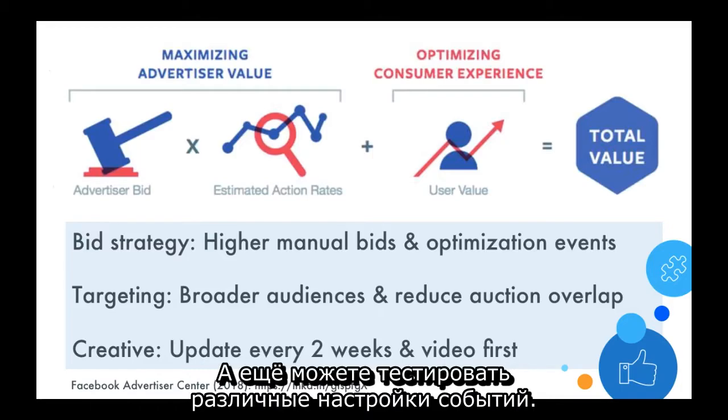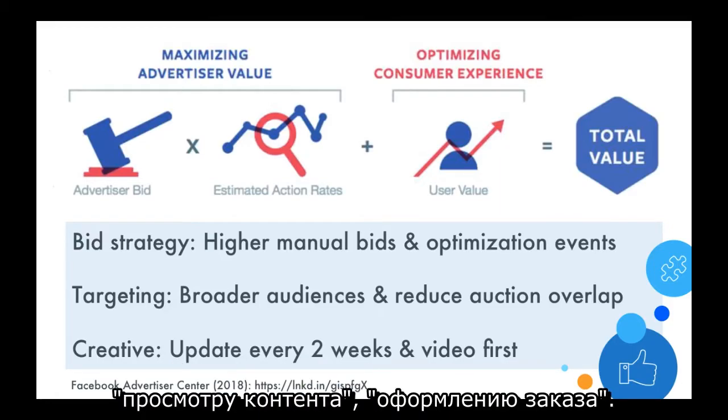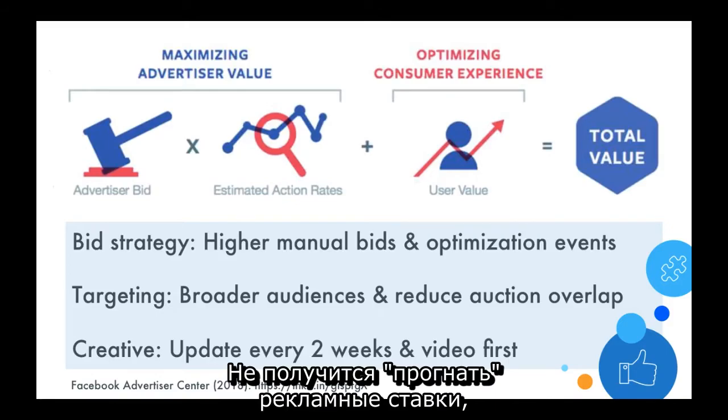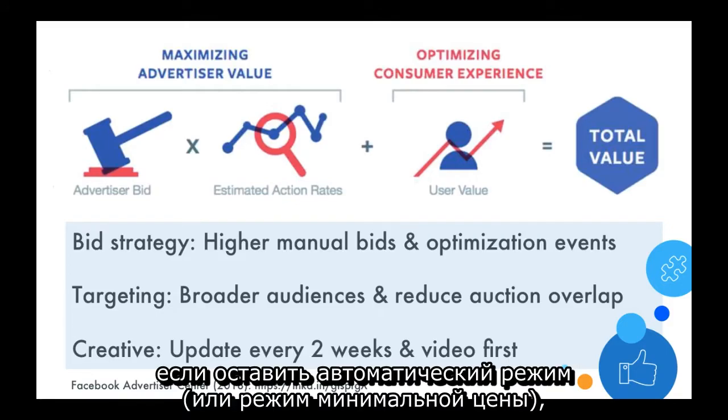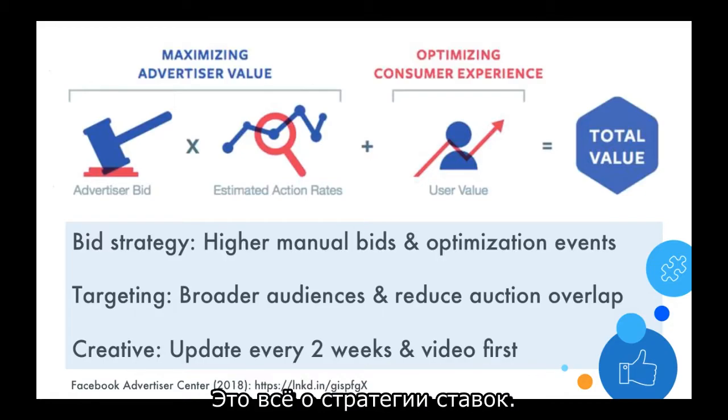But you could also test different optimization events. Do not optimize only on purchase, but also try add to carts, view contents, or even initiate checkouts, to really play around with this advertiser bid, which, if you leave it in an automatic or in a lowest cost level, will be derived from the optimization event as well. So that was it for the bid strategy.